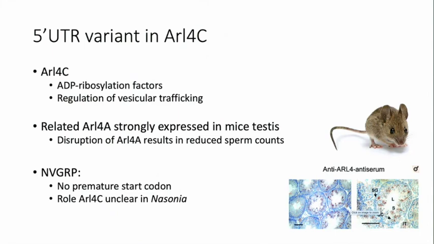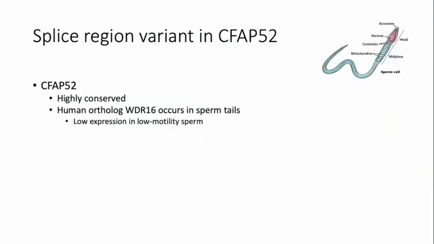unclear. It's more interesting to look at the other variant, and that's a splice region variant in this cilia and flagella associated protein. That's a highly conserved protein. And the human ortholog of this, called WDR16, occurs in the sperm tails of humans. And in low motility sperm, we actually see a low expression of this gene.